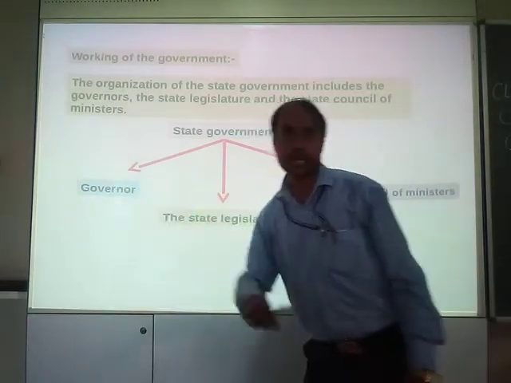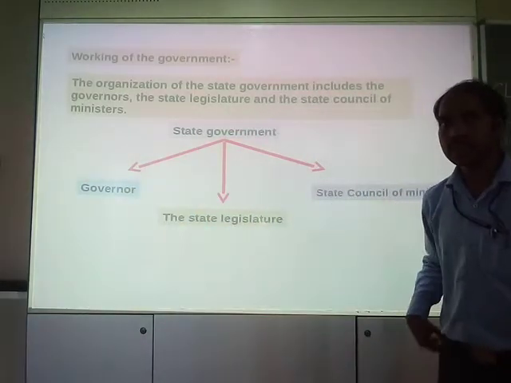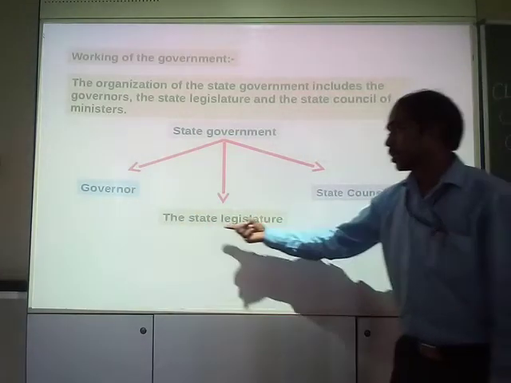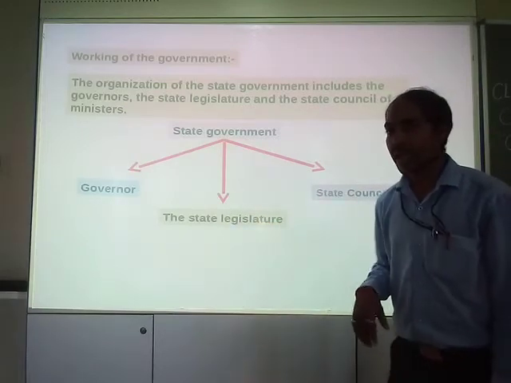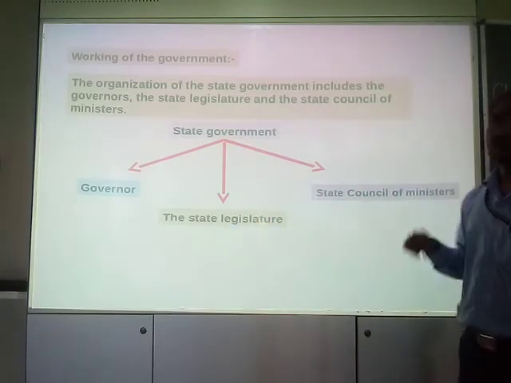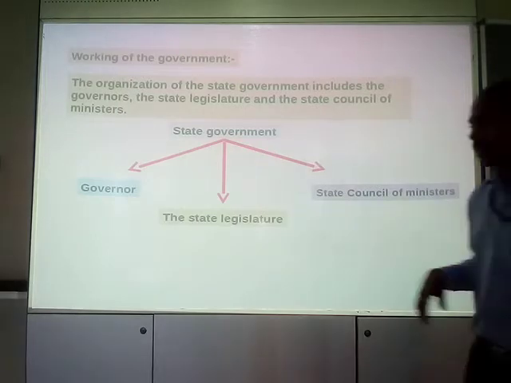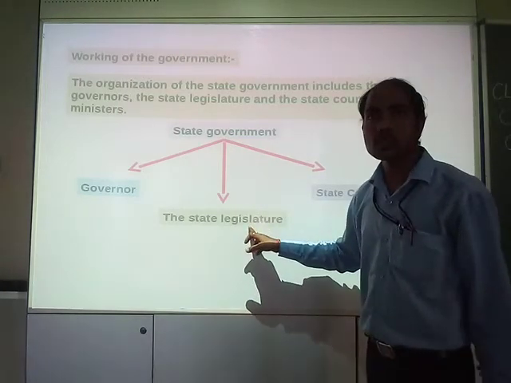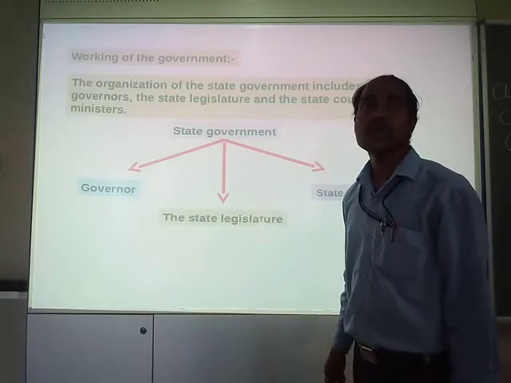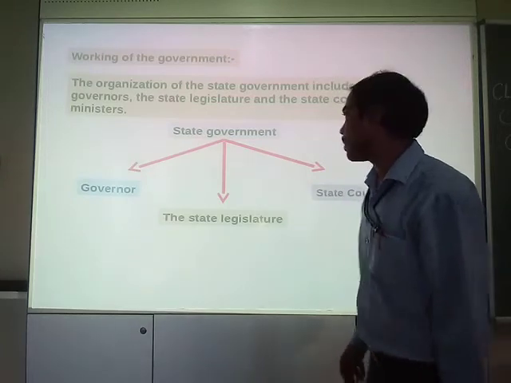So what are the constituents of the state government? First, the governor, then the state legislature and the state council of ministers. The state legislature you can also say comprises the legislative assembly.